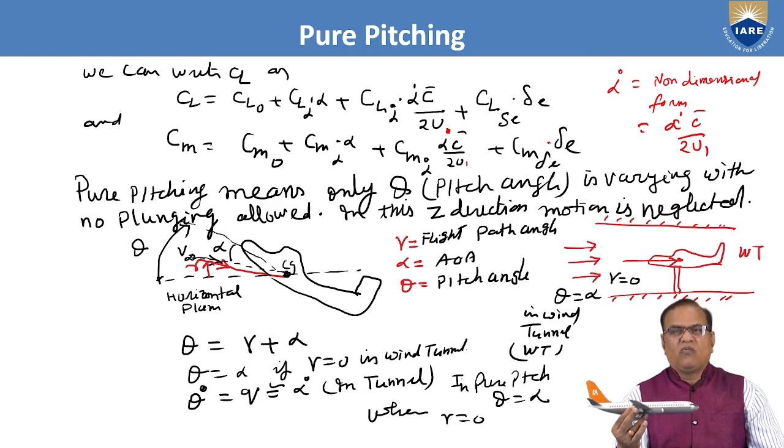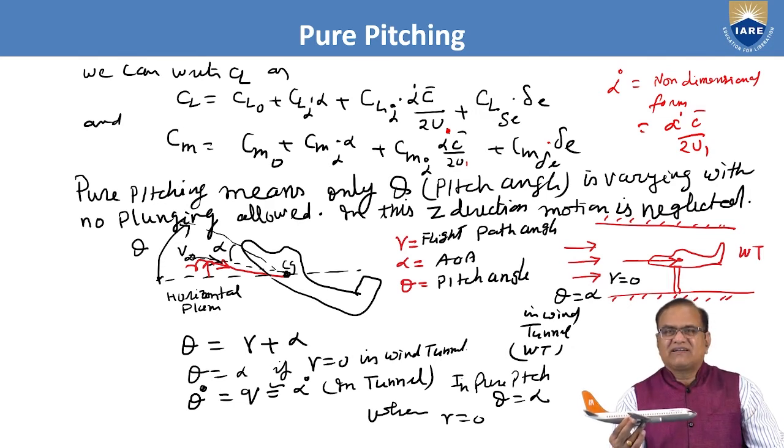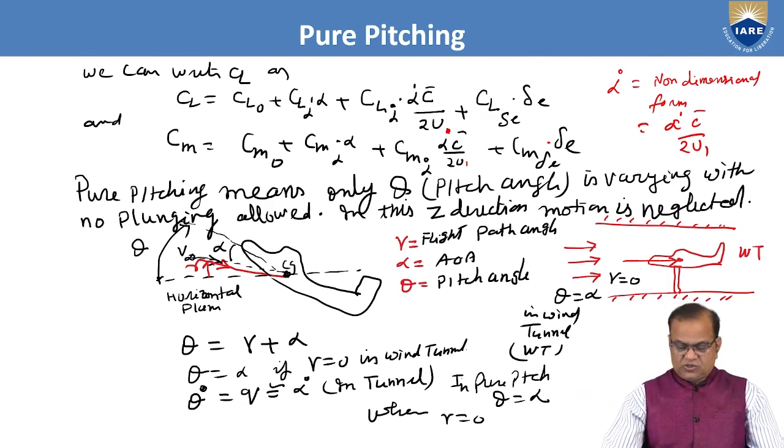We are going to find that out by a very simple approximation with the help of the pure pitching condition. So you can see here that one aircraft is there.